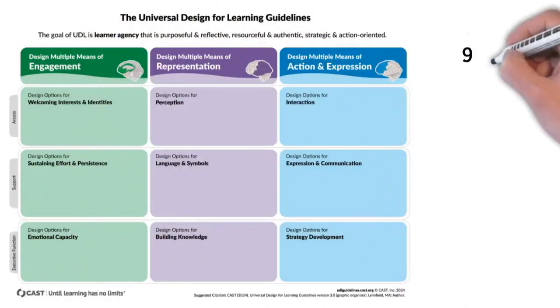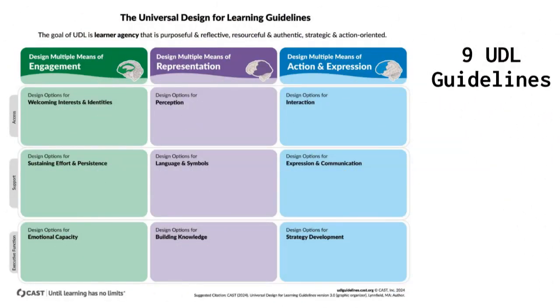As we mentioned before, at the heart of UDL are three core principles: engagement, representation, and action and expression. As we can see in the graphic organizer, each principle is further divided vertically into 3 design guidelines, giving us a total of 9 UDL guidelines.